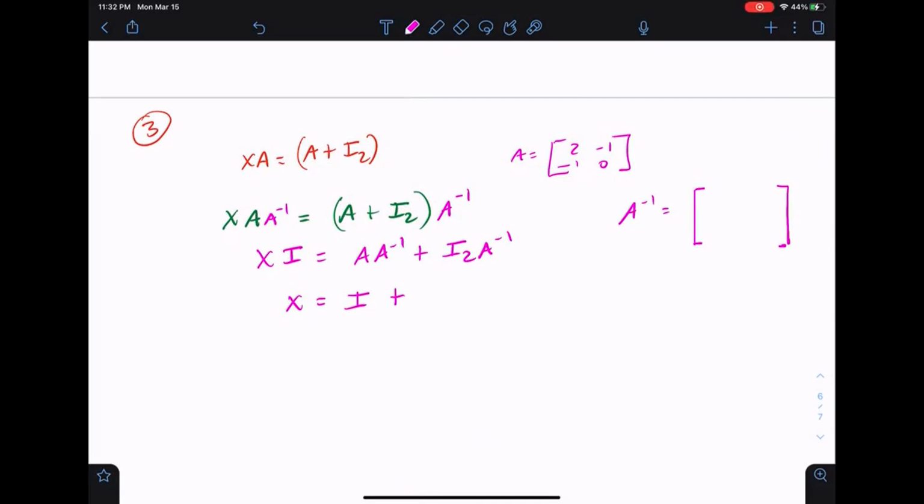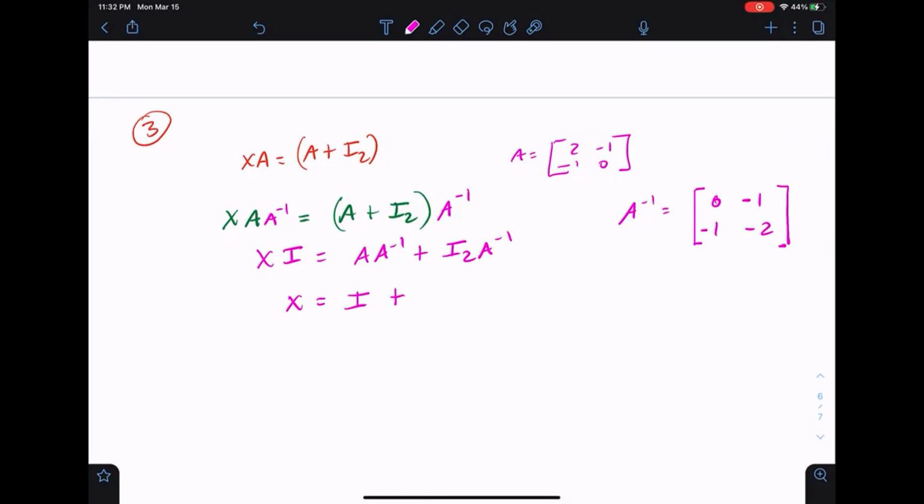Then we do matrix A, and then the inverse of that, and we get 0, negative 1, negative 1, negative 2. So that's not too bad. Thank God.